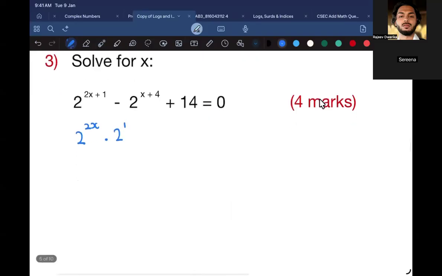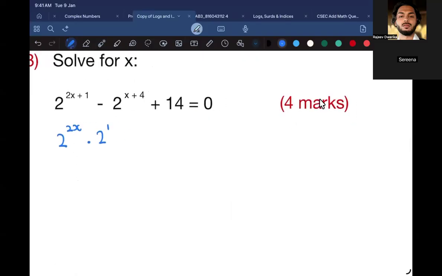Minus 2, I put that in brackets. Actually, it doesn't matter because you're multiplying everything. So that'll be minus 2 to the power x multiplied by 2 to the power 4. And could you tell everybody what rule for indices you're using?